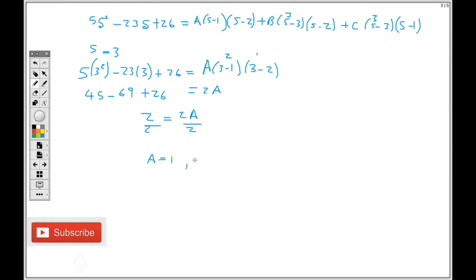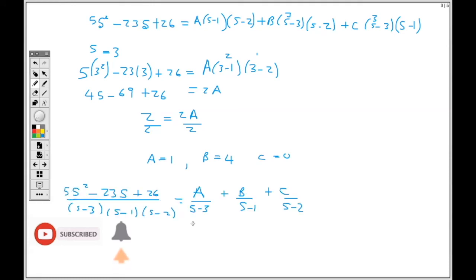So we found a to be 1, b to be 4, and c to be 0. So we're going to substitute it into the partial fraction that we have. Substituting my a is 1, so I have 1 over s minus 3.